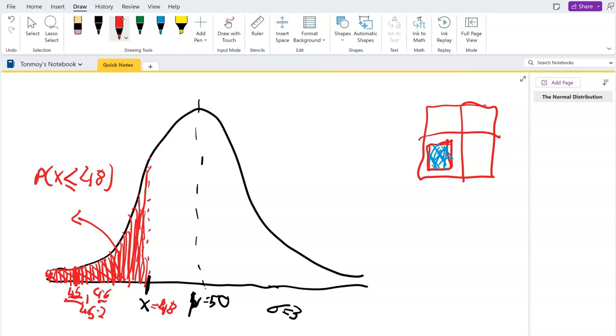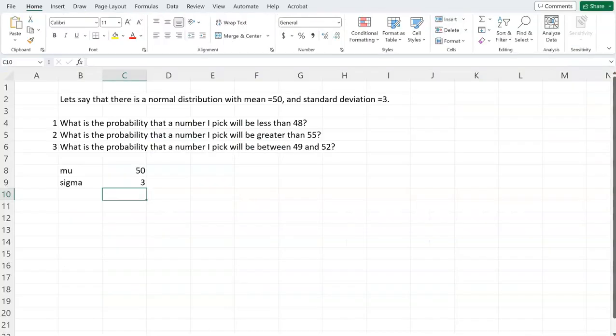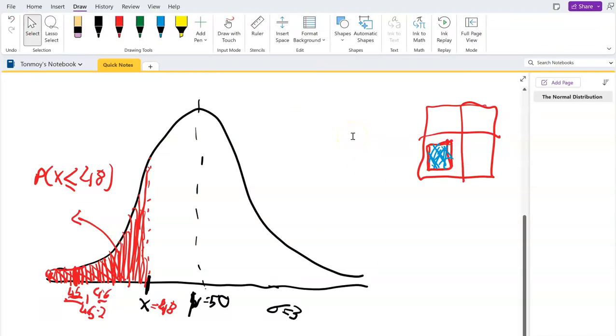Okay, now the next one is, what is the probability that the number I pick is going to be greater than 55? If it's greater than 55, I go back up again here and I look at all the other numbers. So let's say 55 is here. Then I'm going to add all the numbers in this distribution that are greater than 55.